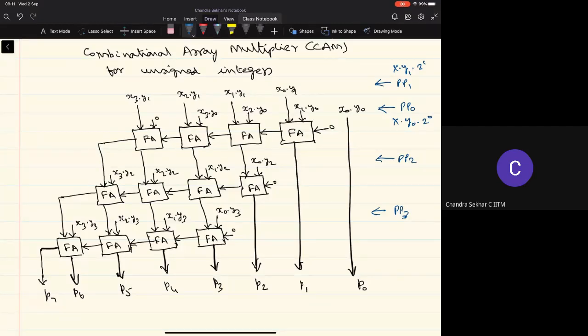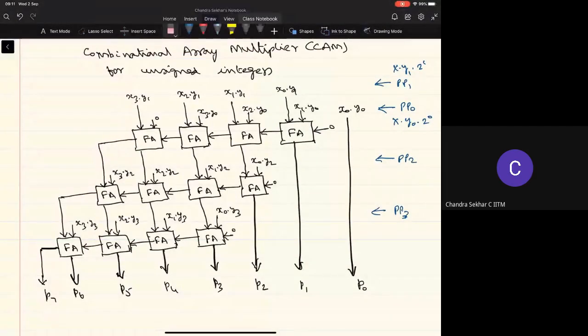You can see that PP1 has these bits positioned with respect to the bits of PP0 by shifting it 1 bit to the left. So effectively, we can put 0 here, but that's not necessary because there's no need to add 0 to this x0 y0. So we are not going to perform that addition explicitly. Okay. So now we have these two partial products that need to be added. So we use the simple full adder based ripple carry adder.